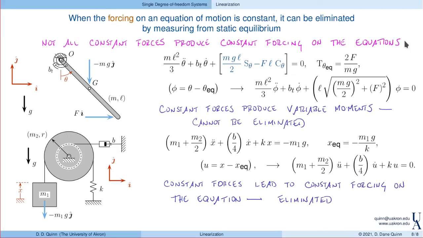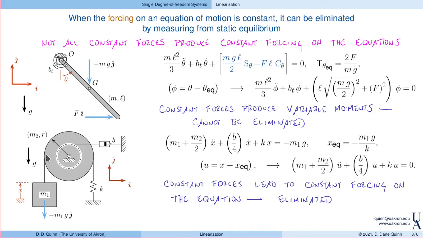It's important to know when you can neglect a physical effect like gravity. So there are cases where we can neglect gravity and measure from static equilibrium, or cases where we can't neglect gravity. And really, I think it comes down to, does that constant force also produce a constant moment? Here, there's actually no moment produced on the block, but if you had something like that acting on the disk, it would produce a constant moment.